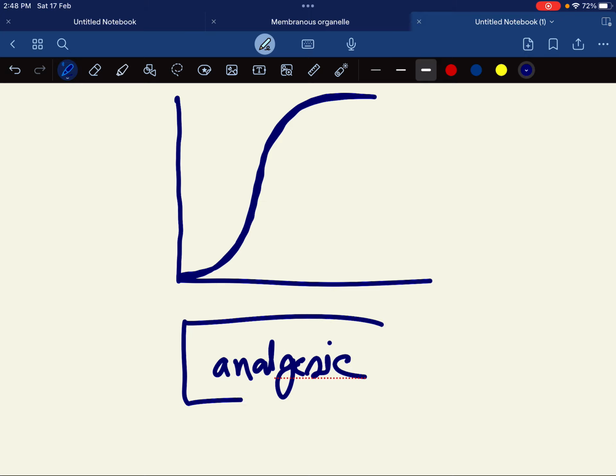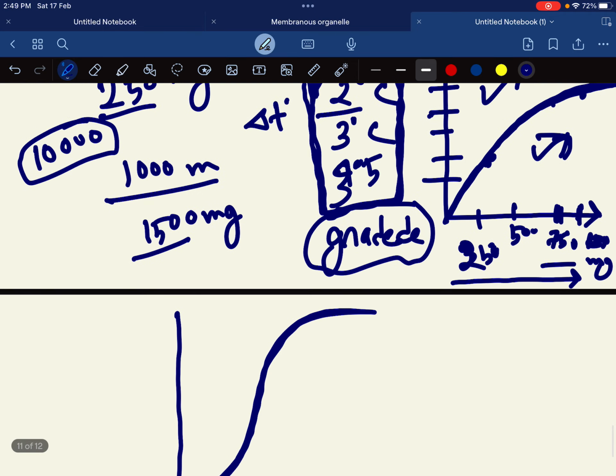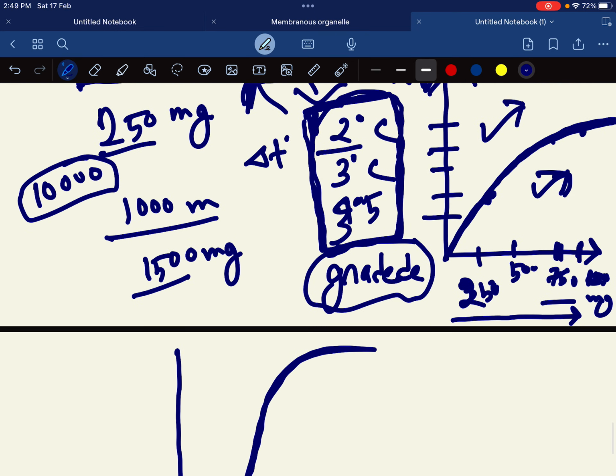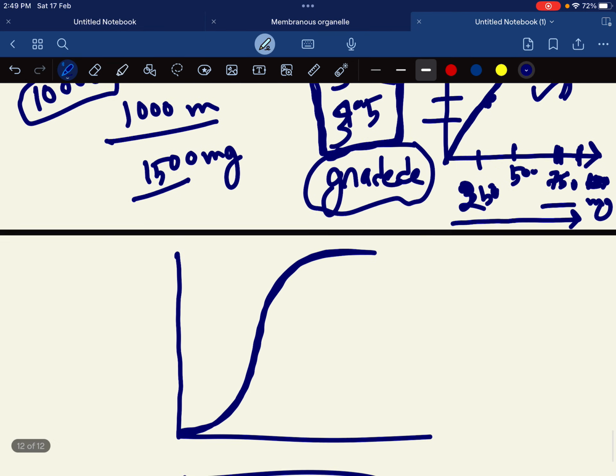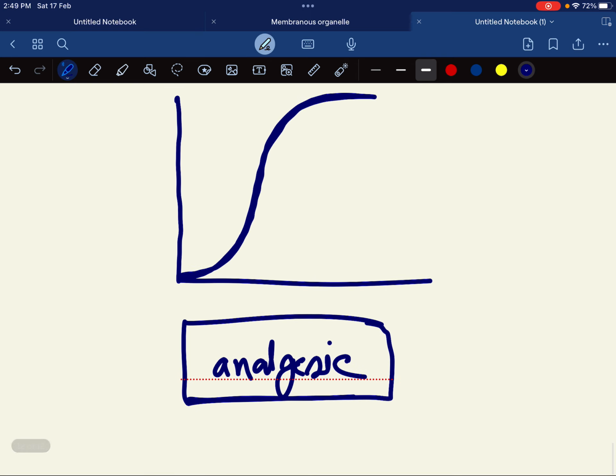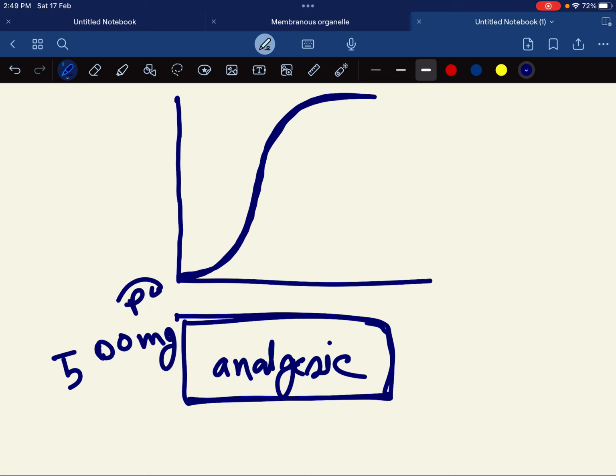Can you classify, or grade, or evaluate how much analgesia this same 500 milligram of paracetamol is doing? Can you measure the amount of analgesia? No, you cannot measure the amount of analgesia, because this sensation is just patient dependent.